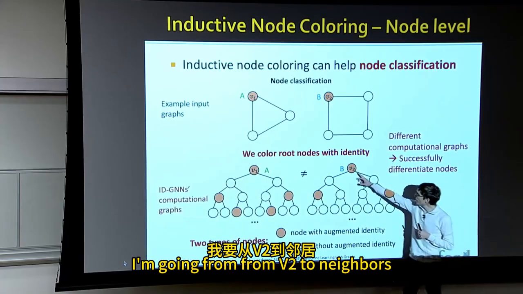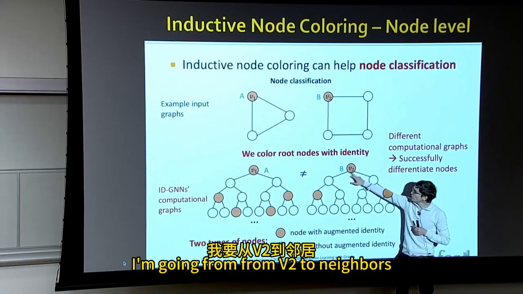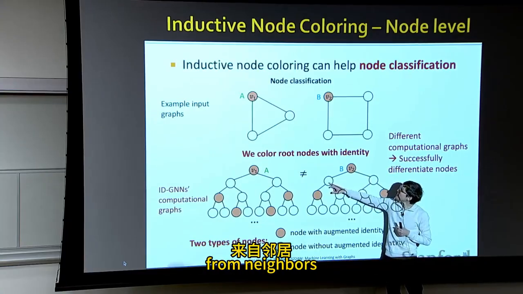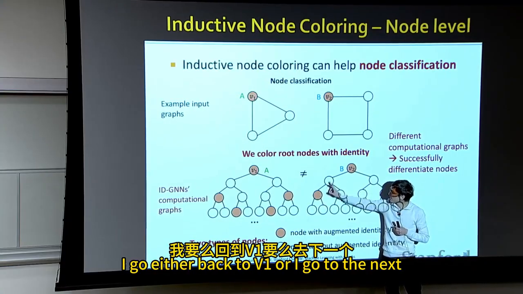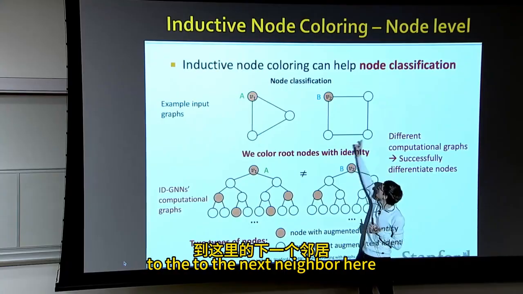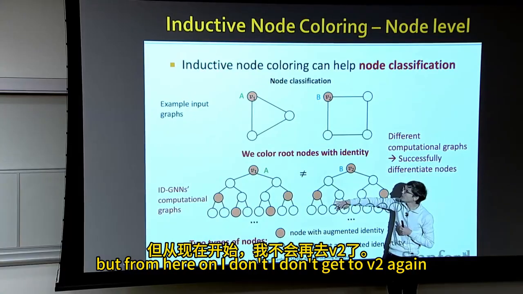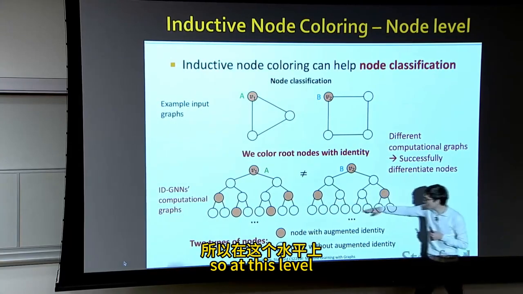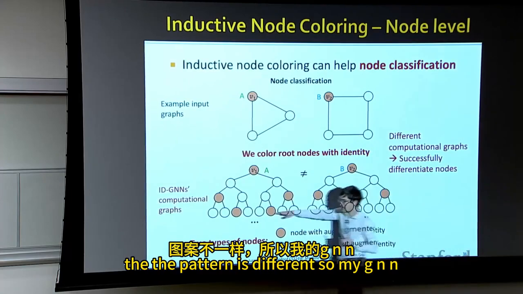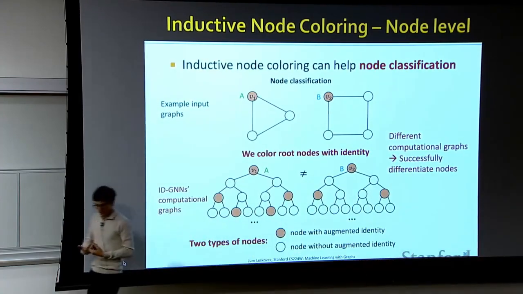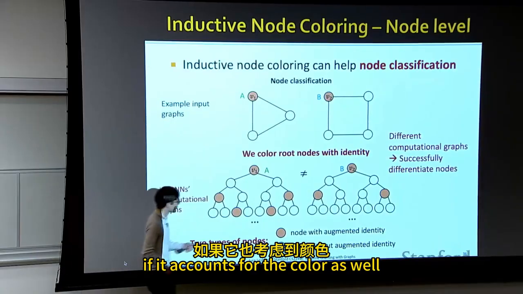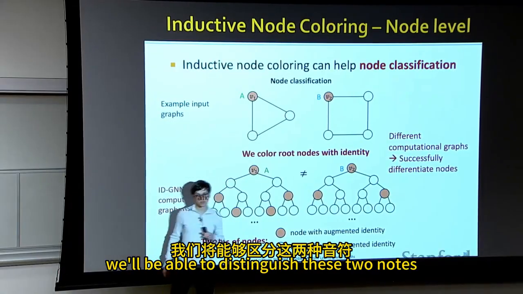I'm going from V2 to neighbors. From neighbors, I go either back to V1 or I go to the next neighbor here. But from here on, I don't get to V2 again. So at this level, the pattern is different.